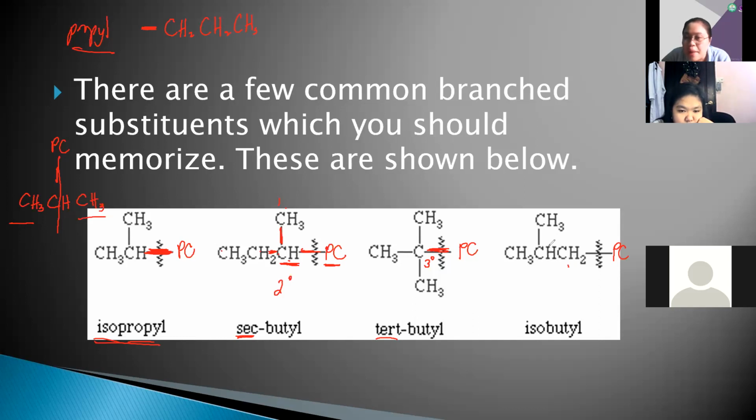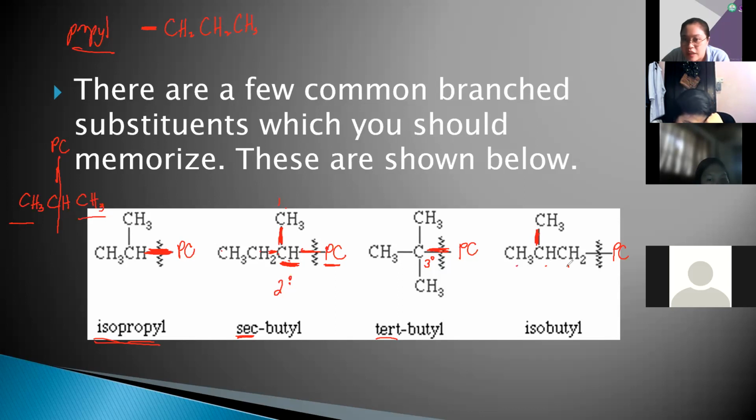But the 4th carbon is at the center. So huwag kayong malito ha, this is secondary carbon. Kung saan naka-attach ang parent chain, andoon yung fourth carbon. Pero ito, isobutyl, meron ka pa ring apat na carbon pero yung isa naka-attached at the center kung itatabi natin yung tatlo. So get to know, be familiar with the different na common branched substituents, and then we will use them.